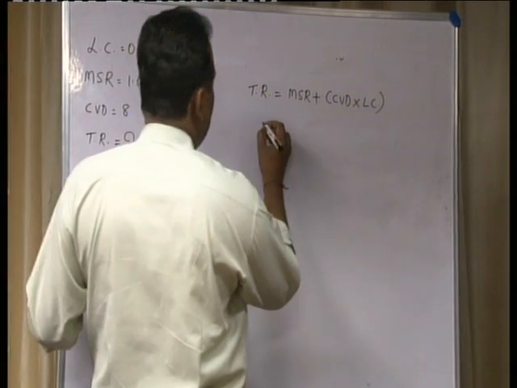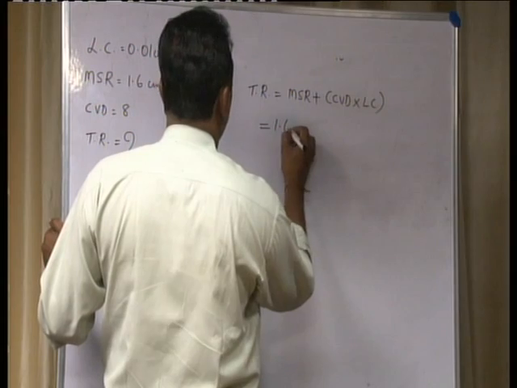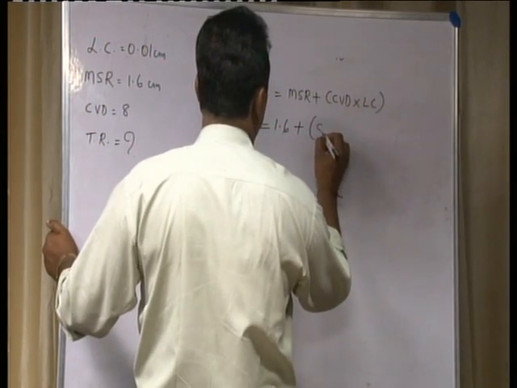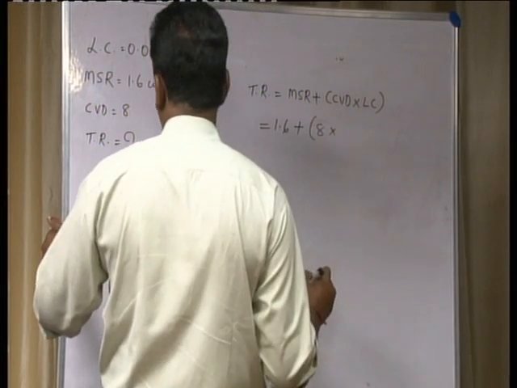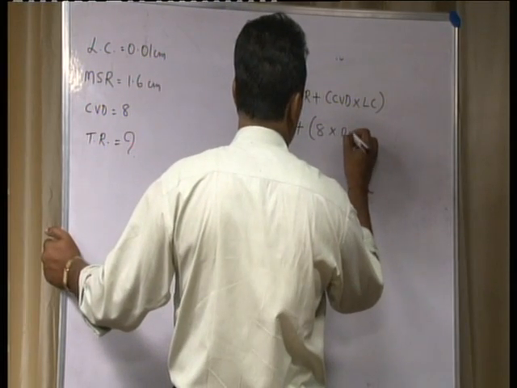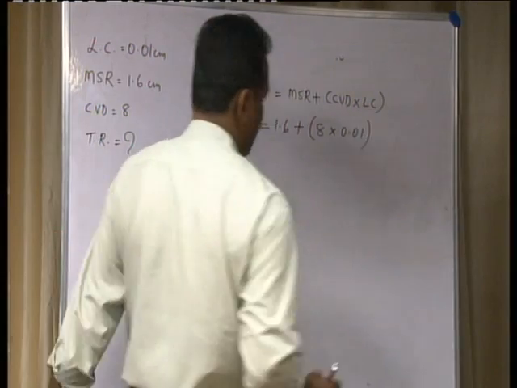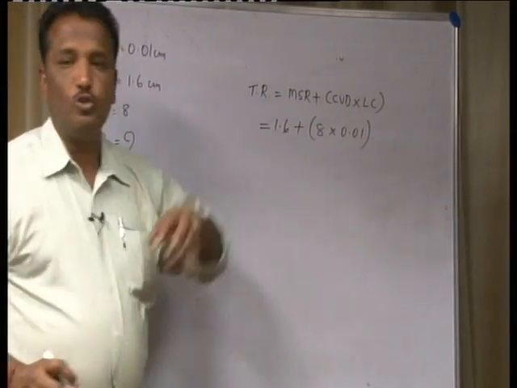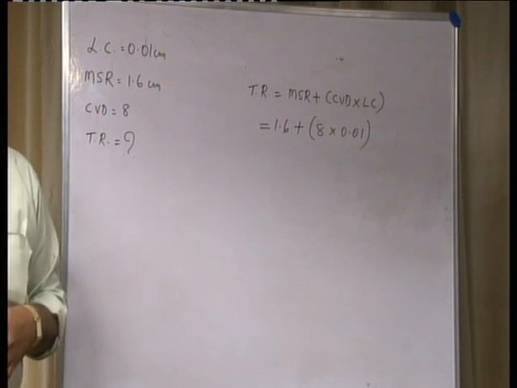So, how much is MSR? It is 1.6 centimeter. How much is CVD? It is 8 divisions. So, what is the least count of the instrument? 0.01 centimeter. Care should be taken that the MSR and the least count should be expressed in the same unit.